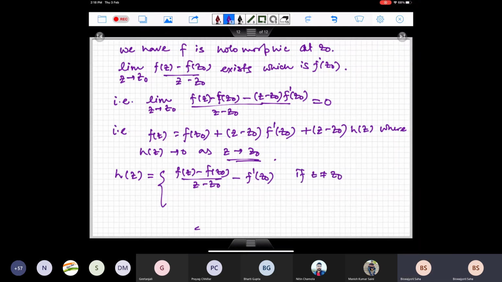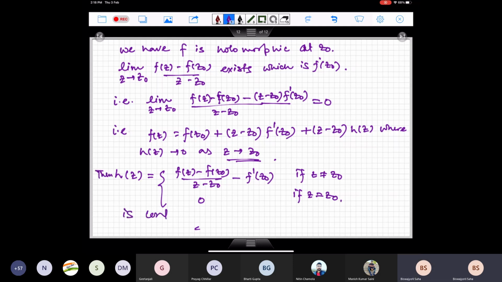Now will you say that this function is a continuous function if z is not equal to z naught? Yes, because f is a continuous function and the denominator does not vanish if z is not equal to z naught. So we know that h is a continuous function. And as z tends to z naught, h of z goes to 0. So if I put 0 for z equal to z naught, then h is continuous.